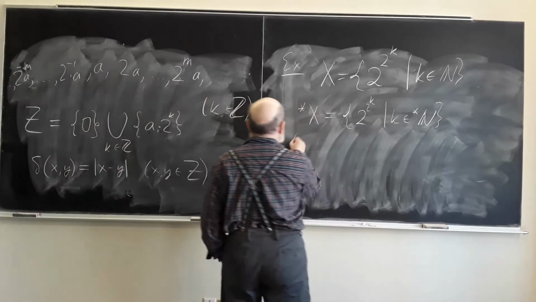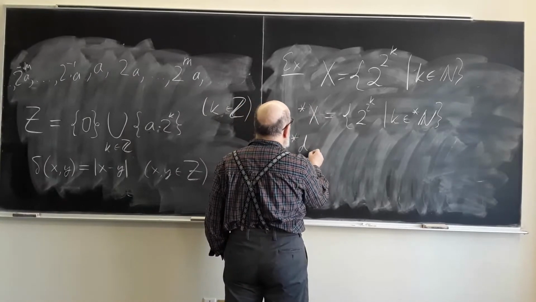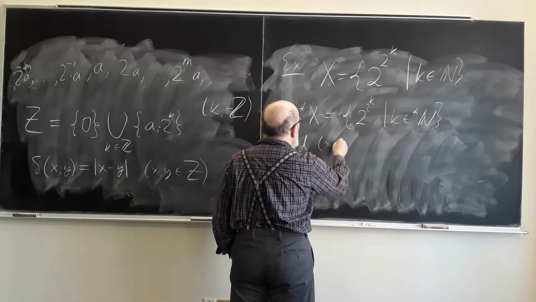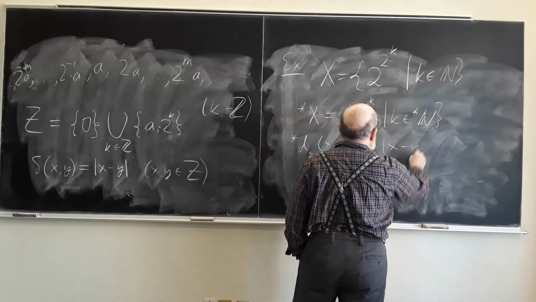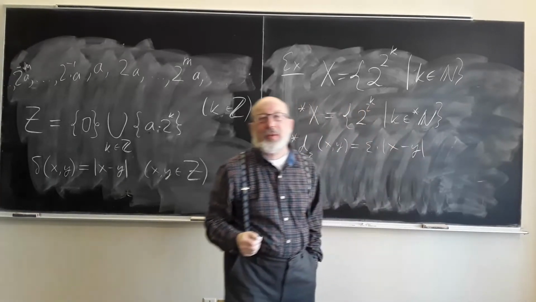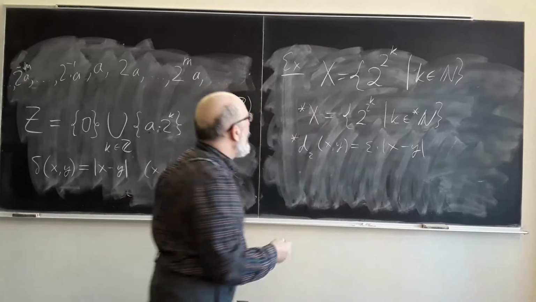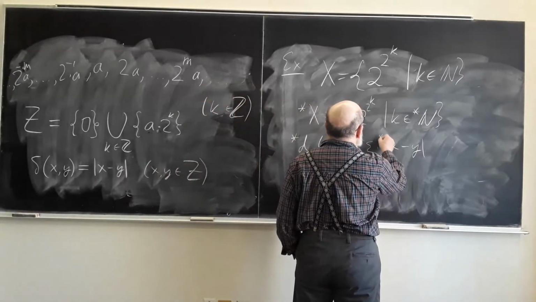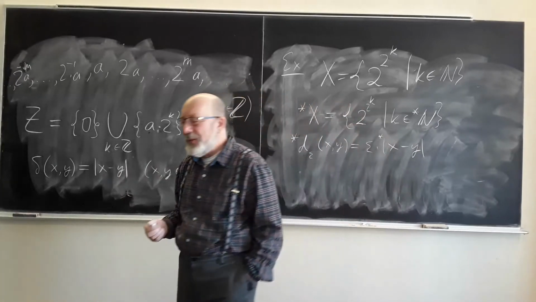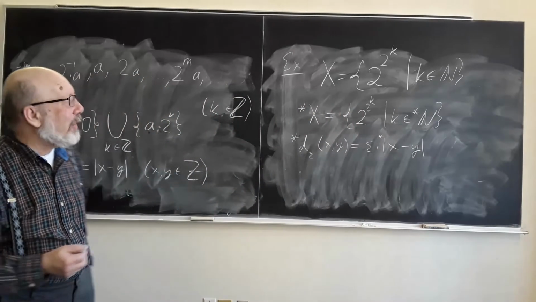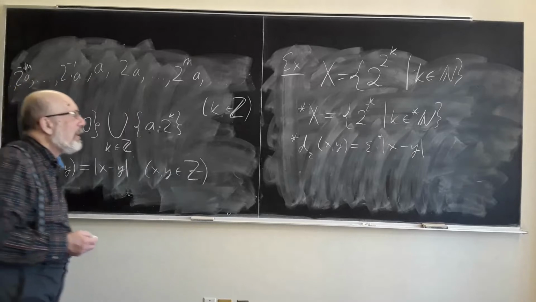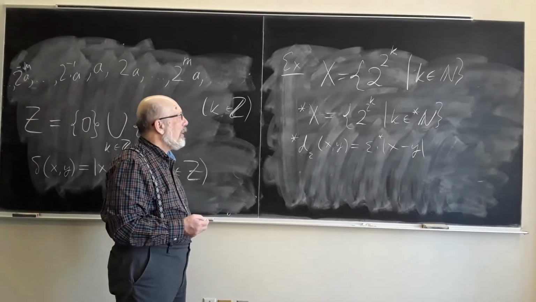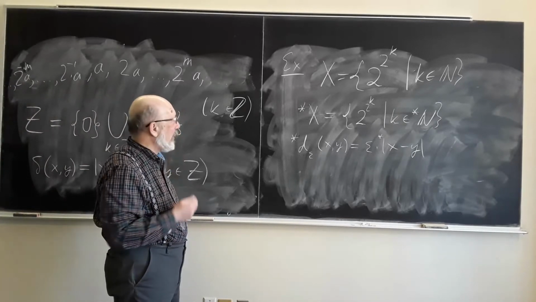And the distance star d epsilon of xy equals epsilon times modulus of x minus y, as it was before. Strictly, because we are in the non-standard extension, you have to write the non-standard extension of modulus, but we will skip it because it has all the properties of modulus.